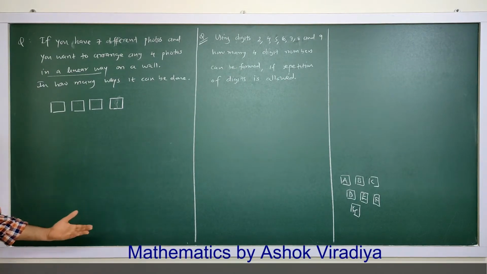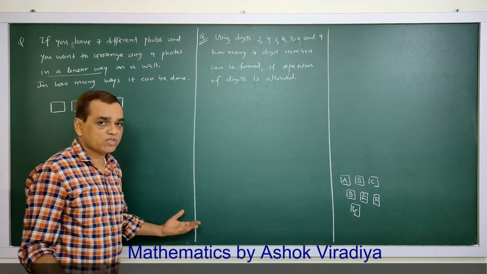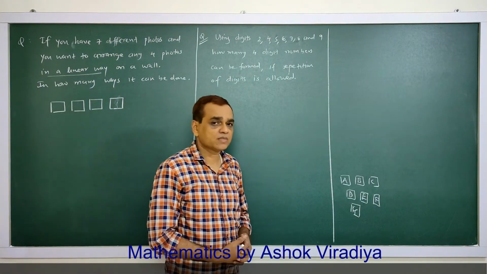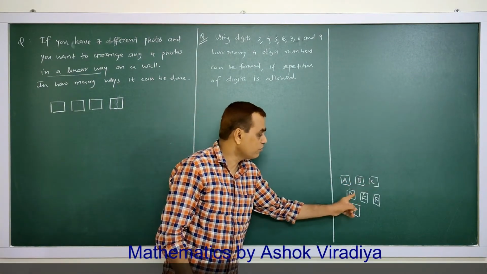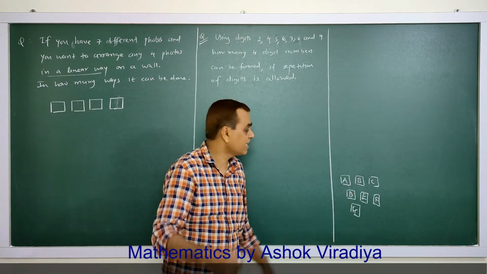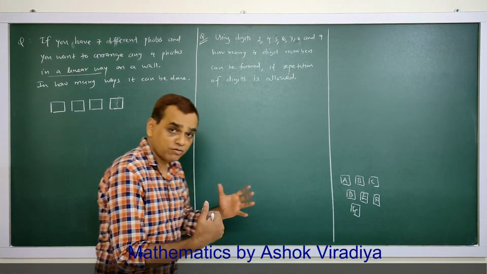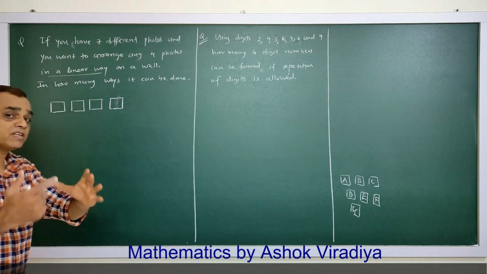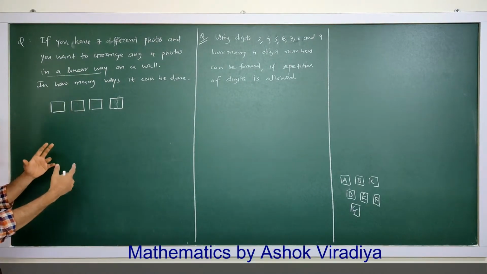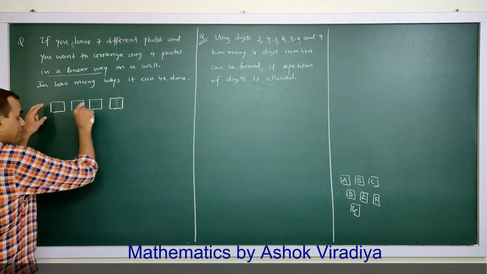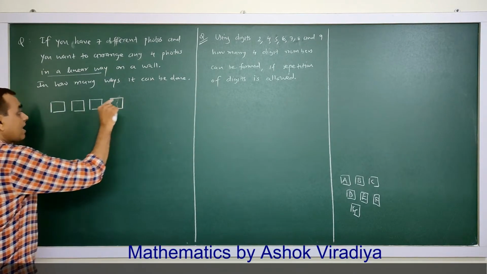So everyone in the family may have a different choice. A member can choose these 4 photos, some other member can choose other 4 photos. And after choosing 4 photos, everyone will have a different choice to arrange them in a line.